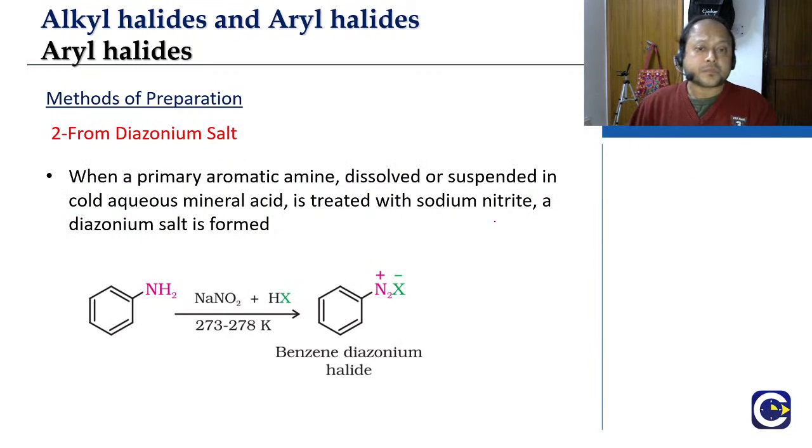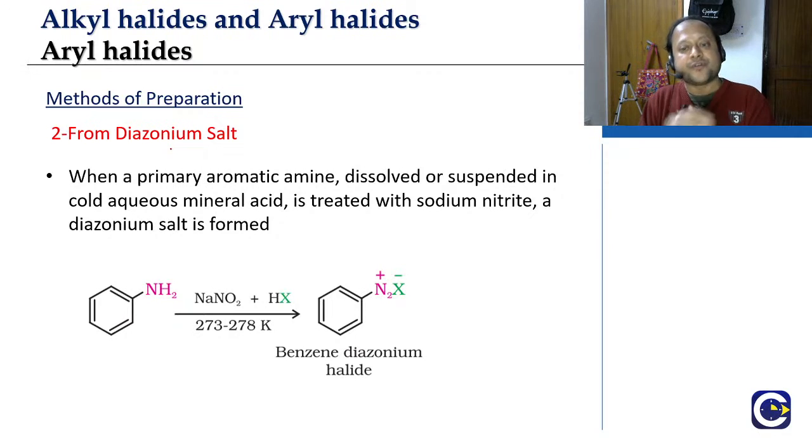Now, the other method is with the help of diazonium salts. Diazonium salts are very versatile compounds which we can use to make a wide array of different organic compounds, in a similar fashion to the Grignard reagent. Both the Grignard reagent and the diazonium salt are extremely helpful organic compounds.